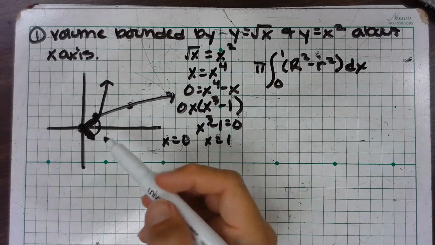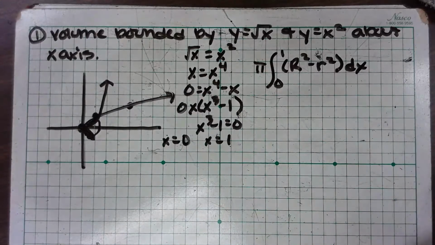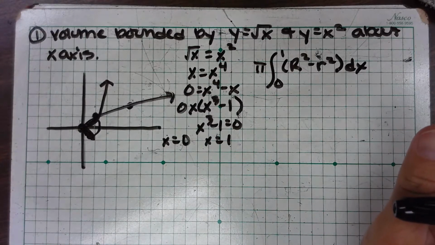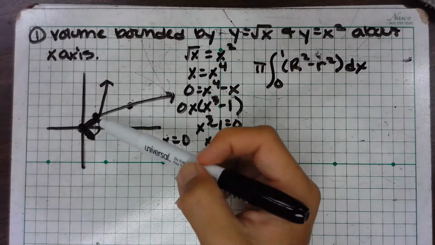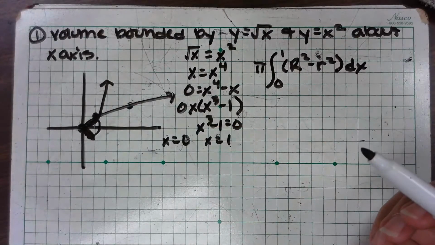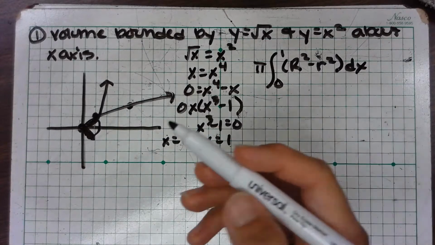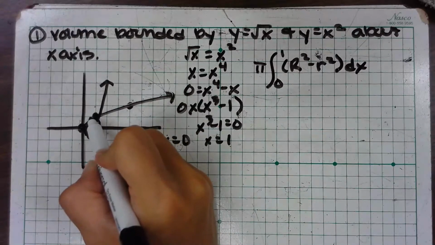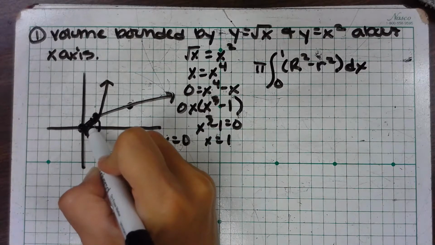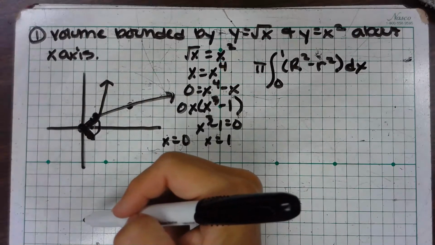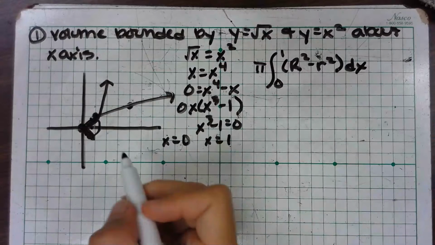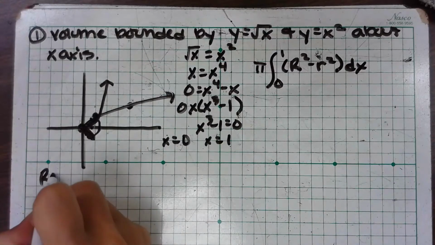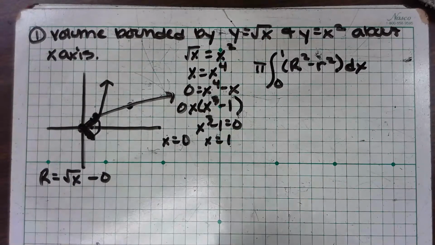All right, and since I'm rotating around the x-axis, I want everything in terms of x, so I'm good there. Okay, so here I'm rotating it around the x-axis. So I want to do the top minus the axis of rotation. So the big R is actually the square root of x minus 0.